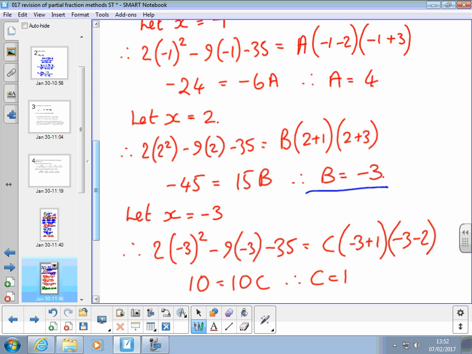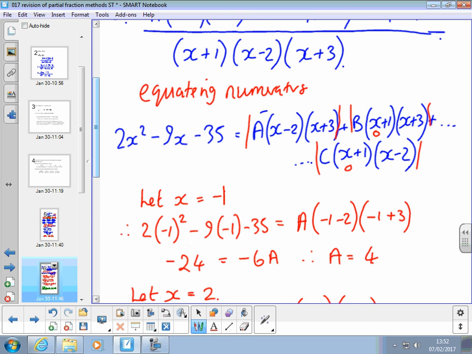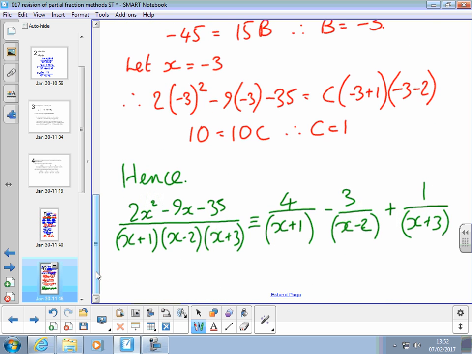And lastly, if we let x equal minus 3, it'll eliminate the A term and the B term, allowing us to find C, which is equal to 1. We then put the 3 values for A, B and C back into the separated partial fractions, and the job is done.